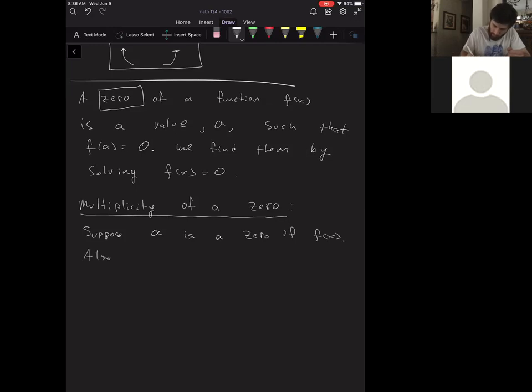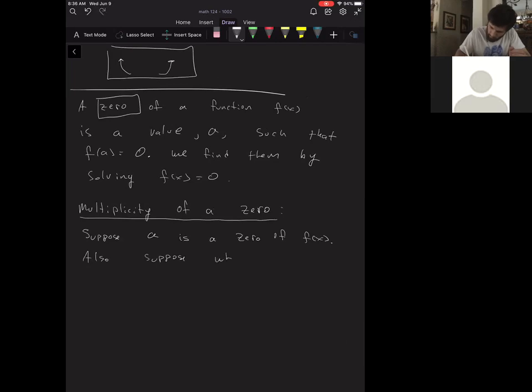Also suppose that when solving f of x is equal to 0, we get x equals a, n times. Then the multiplicity of a is n.